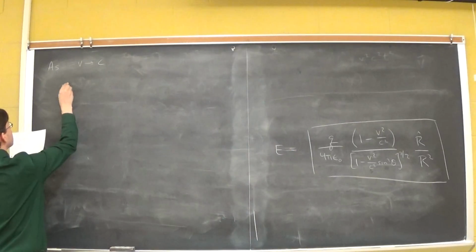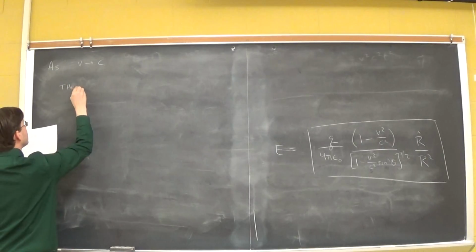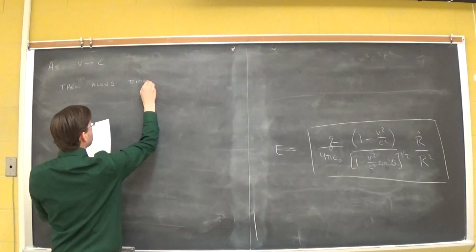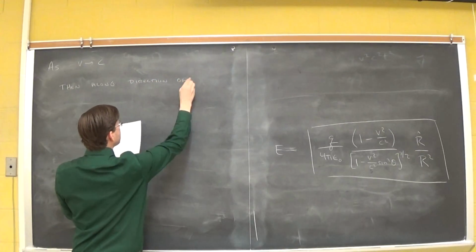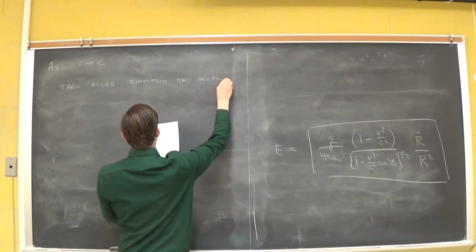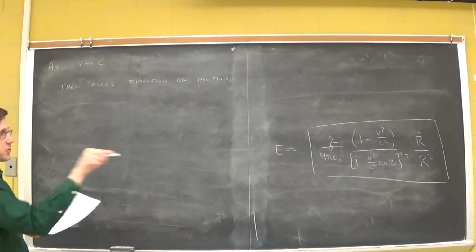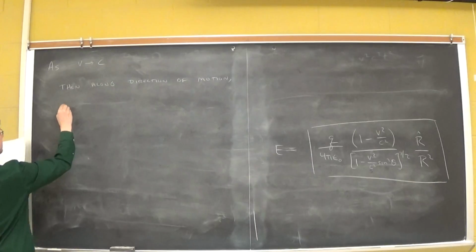And we can also say then that along the direction of motion, the direction of motion is where that angle between r and v is going towards 0.